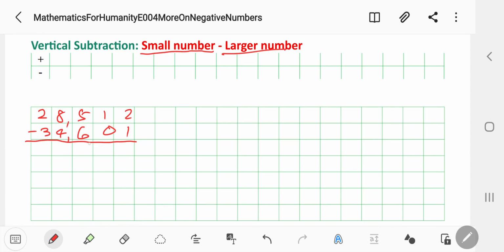This one, 28,512, is of course less than 34,601, so you reverse the two numbers, so you have negative 34,601 in here, and then you put 28,512. No, again I committed some mistake, so you have to put here 28,512.